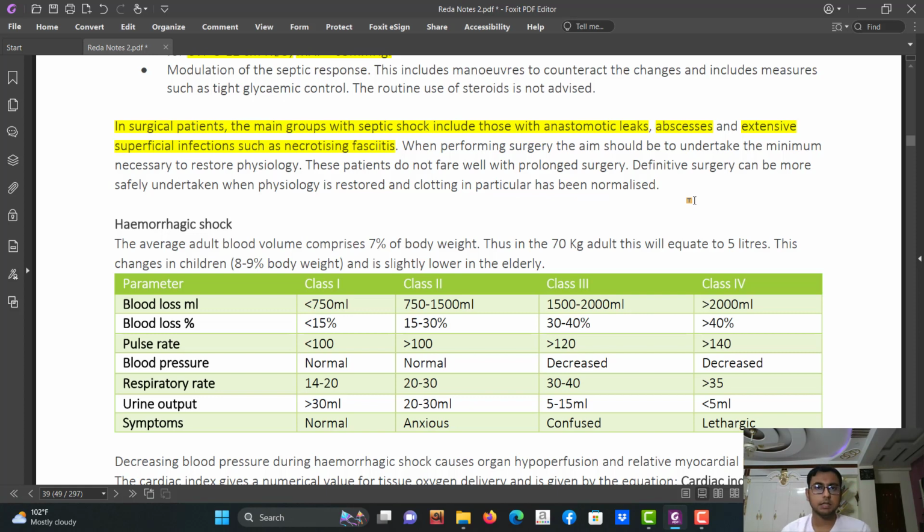If the patient has this kind of symptoms, we might need to stop surgery if it is not an emergency, because we will treat the patient conservatively to normalize all the other parameters, and then when the patient is fit, we will go for surgery.